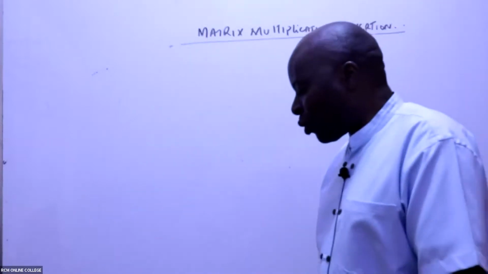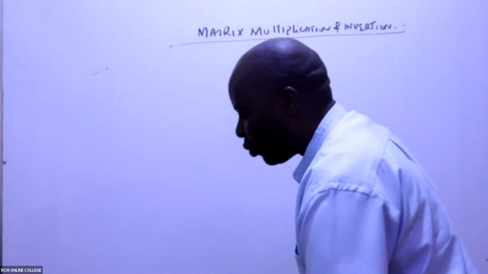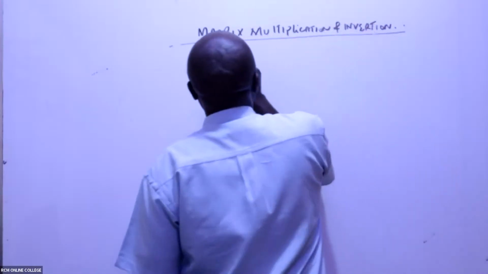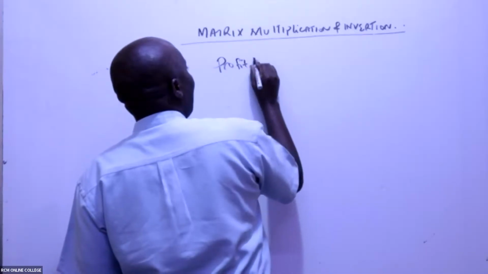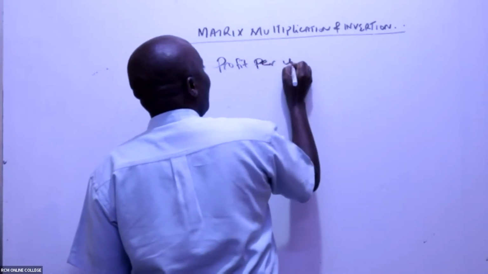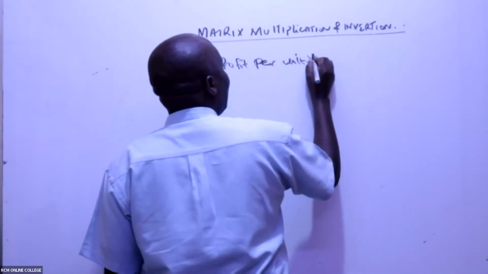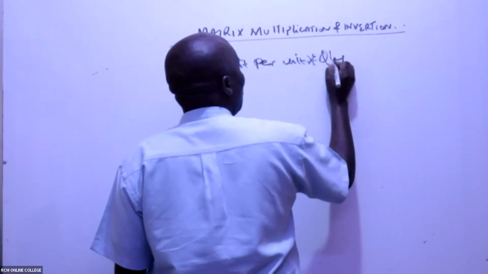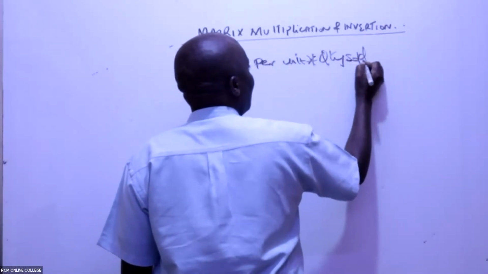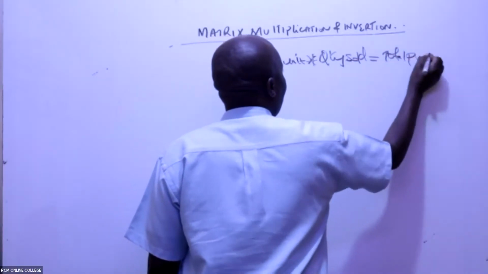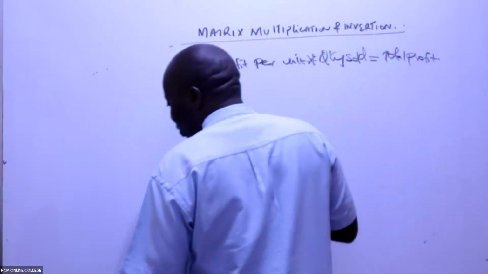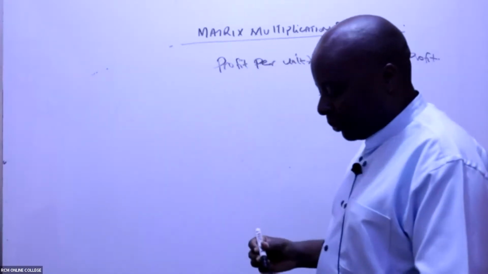So my total profit will be like this. You will take profit per unit, then you multiply this by quantity sold for you to be able to get what we call total profit. That is what we shall do.